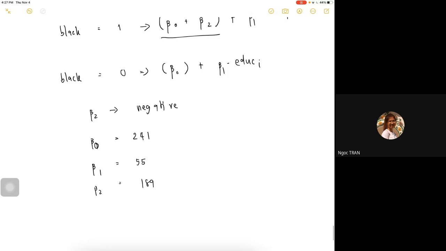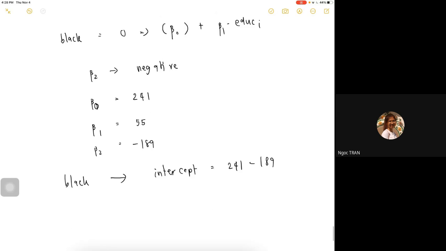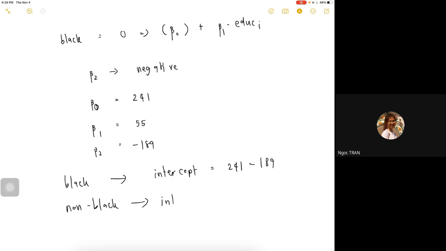It means that for Black people, your intercept will equal 241 minus 189, right? But for non-Black, the intercept will equal 241, right?